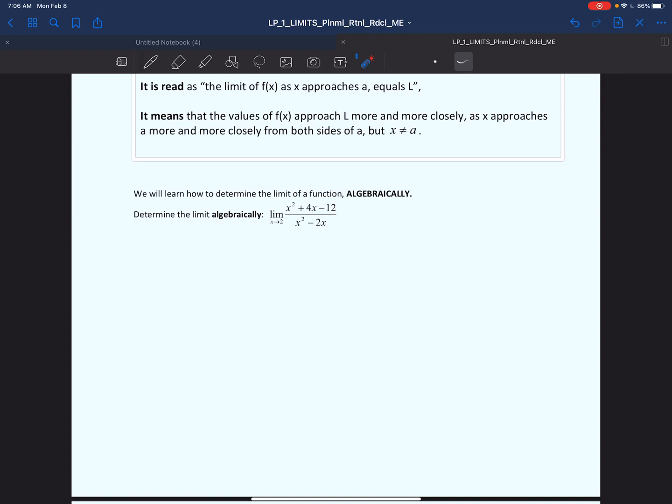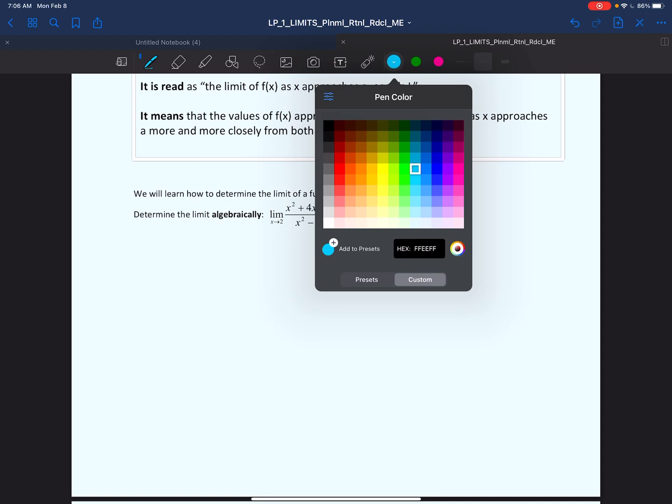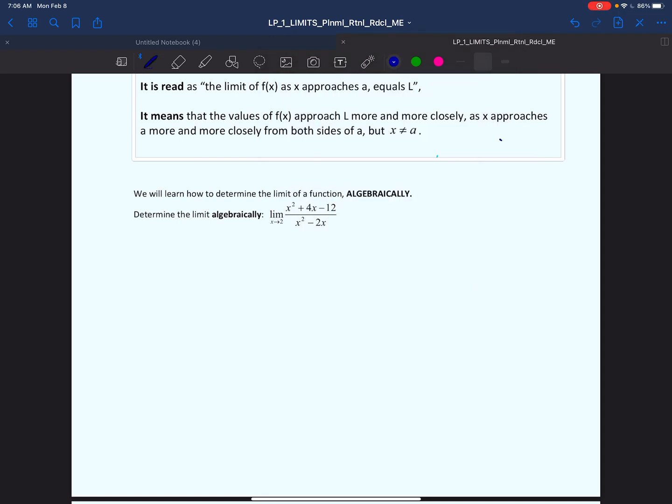So let's get started with this very simple example. The limit as x approaches 2 of (x squared plus 4x minus 12) over (x squared minus 2x). You probably recognize in here that this is the equation of the function that we were just analyzing.